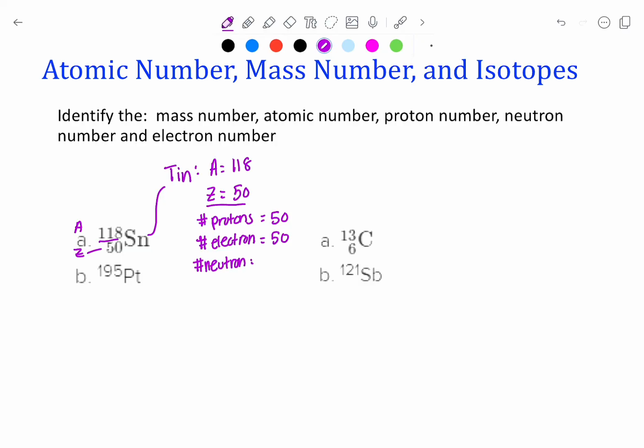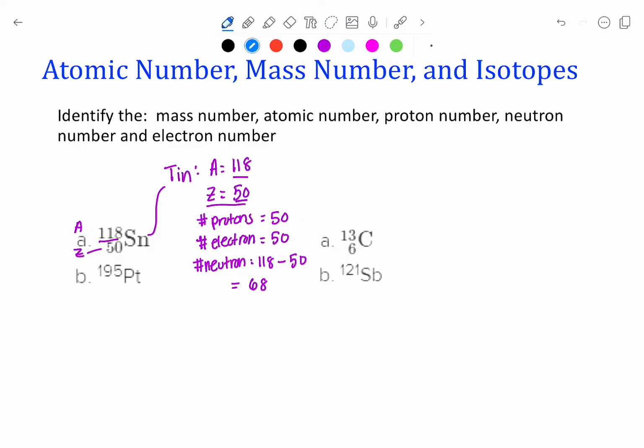So what we're going to do is take our mass number, 118, and subtract off our atomic number, 50, or the number of protons. They are the same thing. So we get our number of neutrons to be 68. So I have 68 neutrons, 50 protons, 50 electrons. My mass number is 118, and my atomic number is 50.